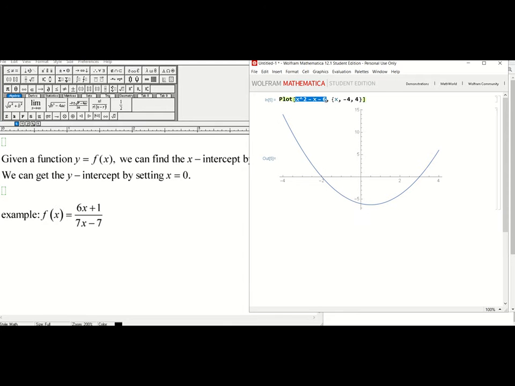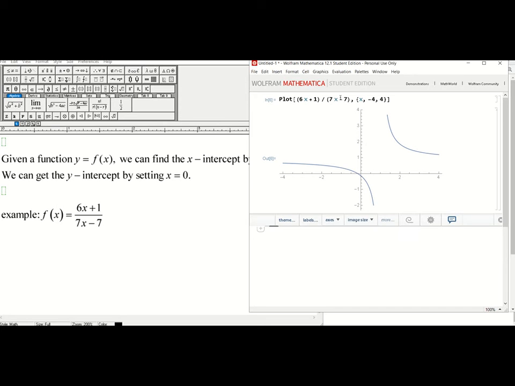6x plus 1, divided by 7x minus 7. So it looks something like this. Obviously, where x equals 1, we'll have a vertical asymptote, so somewhere in this realm.